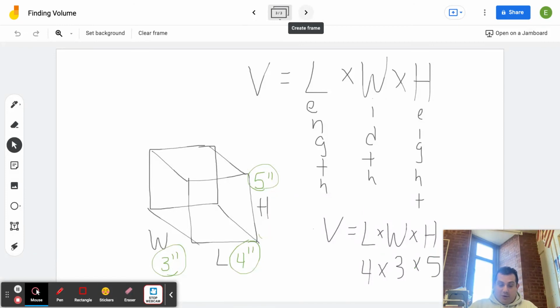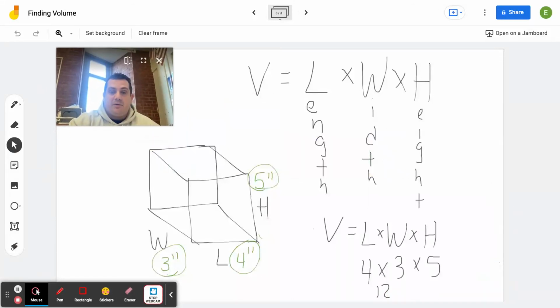So we're doing 4 times 3 times 5. If we're finding the area of the base, length times width, 4 times 3 will give us 12. And then we're going to multiply that by 5, and 12 times 5 gives you 60.